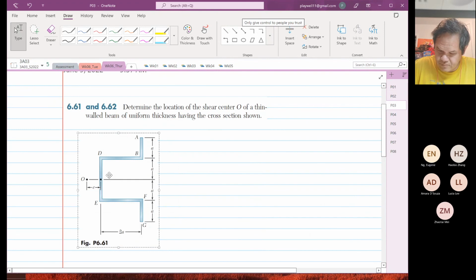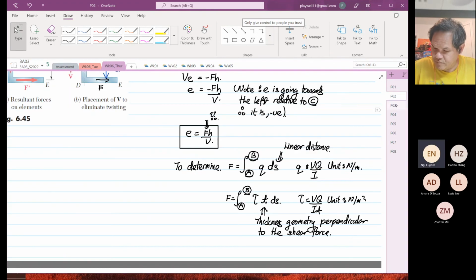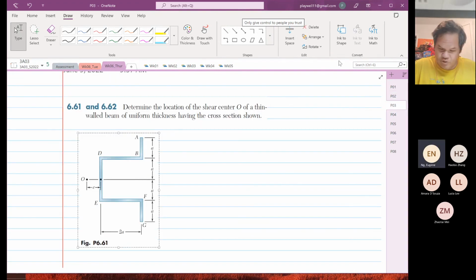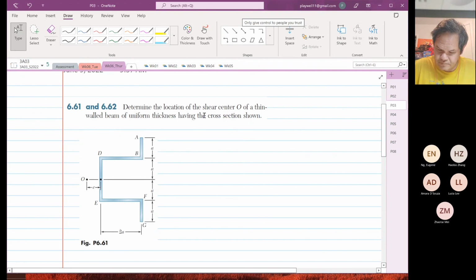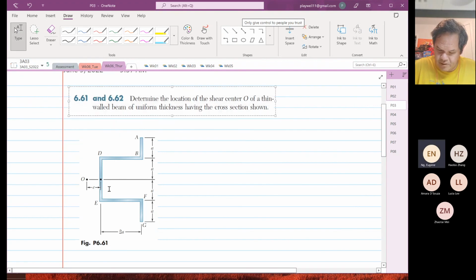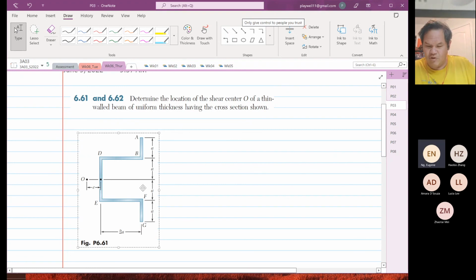So this question asks us to determine the location of the shear center O of a thin wall section of uniform thickness having the cross section shown.